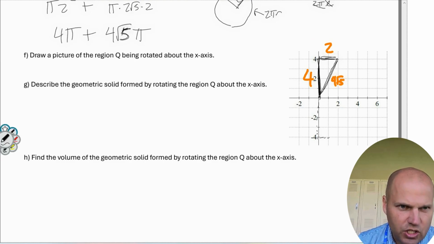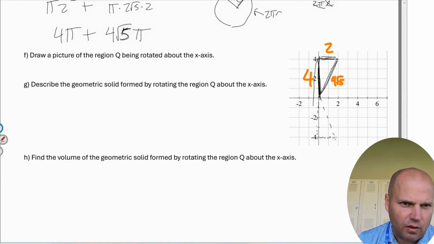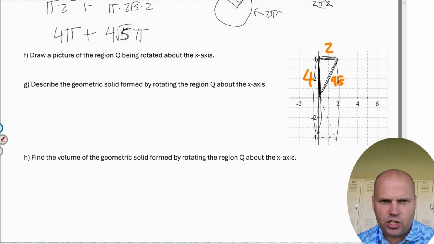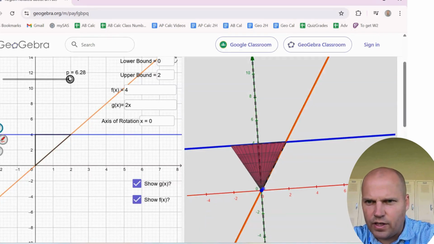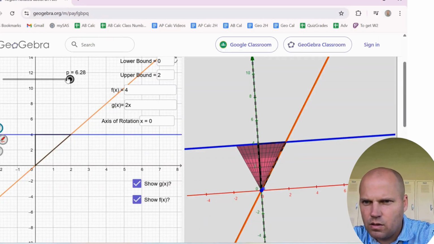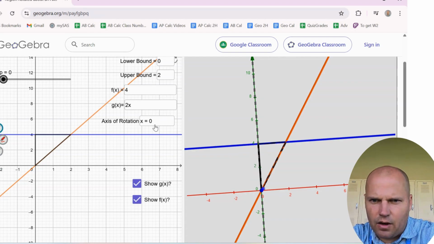And what you should be able to see is that we have a cone missing from a cylinder. You can't really see it. I'll show it to you. I take this region and revolve it around the line y equals 0.